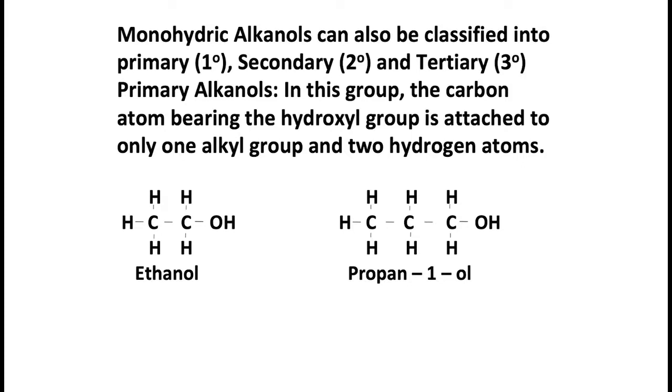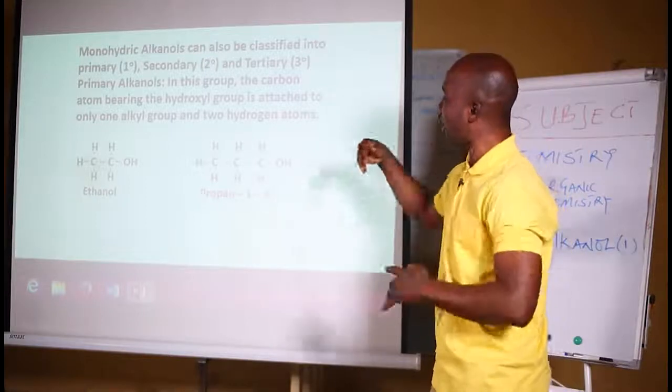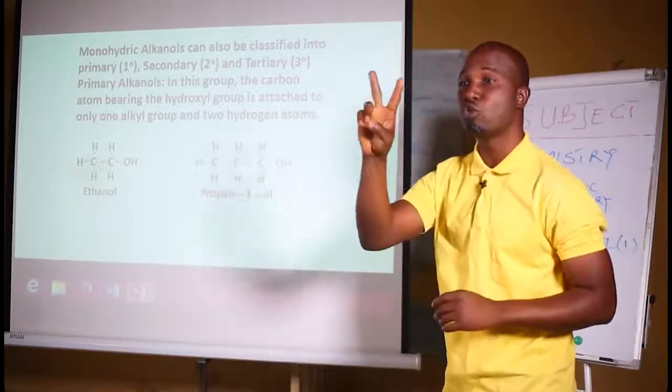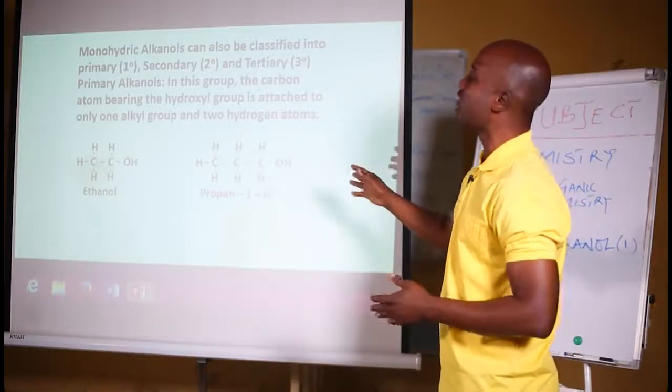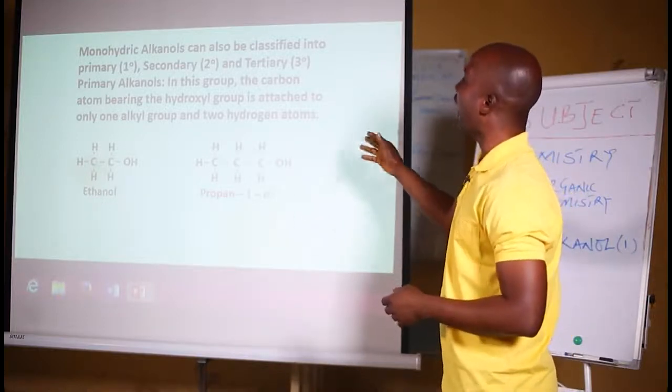In other words, the carbon atom carrying the OH group is bonded to one other carbon atom. Or you can say the carbon atom carrying the OH group is bonded to only 2 hydrogen atoms. And that is why you can identify a primary alkanol.